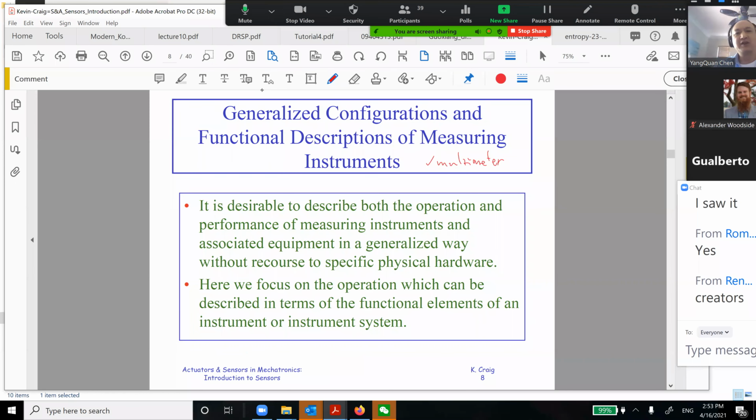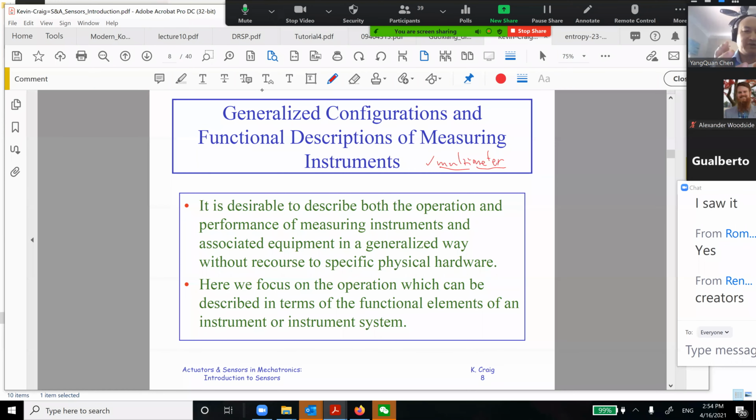So at this point, it's good to take a look at the general configurations and functional descriptions of a measurement instrument. I think all of you have used a multimeter, right? A multimeter is something you use for measuring resistance.